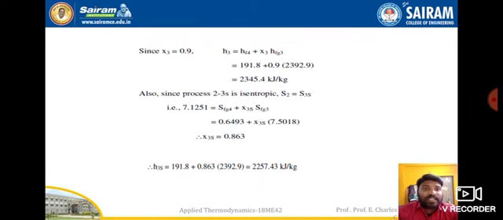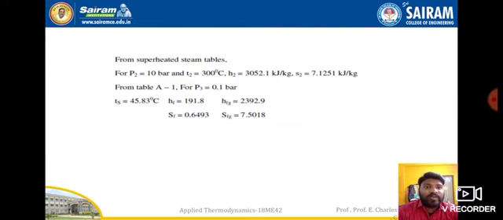So that means H3 is equal to HF3 plus X3 into HFG3. This is the formula for enthalpy of wet steam. For HF, 191.8 is the value you will get in the steam table.